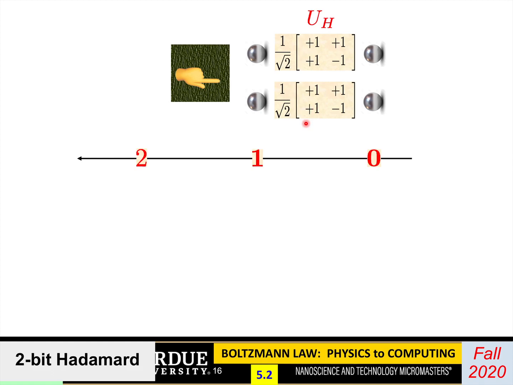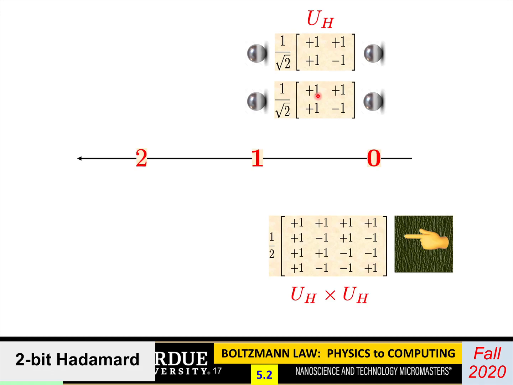Now let's consider what happens when you have 2 bits and you apply this Hadamard gate individually to each bit. With 2 bits, in general, it's better to think of it as a composite system which has 4 states, and these 2 individual Hadamard gates can be written by a single transformation matrix, which is like the Kronecker product of the 2 individual ones.